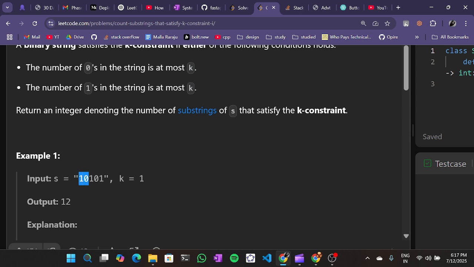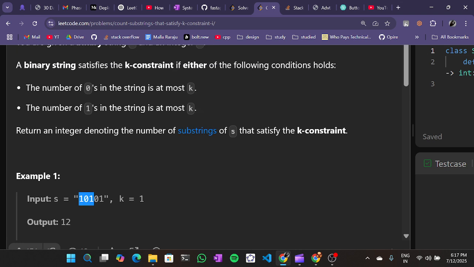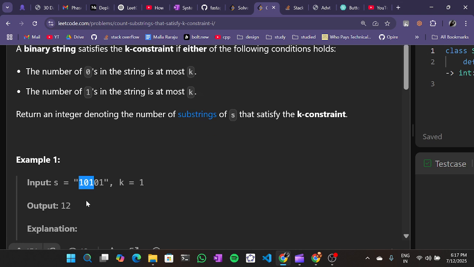But this one holds: one, two, three, four. Also it will hold the condition for zero, not for one, because it has at most one zero, but it won't hold the condition for this zero.